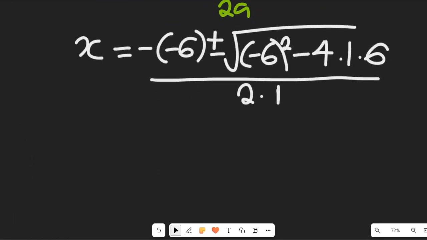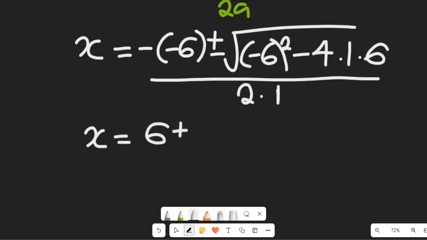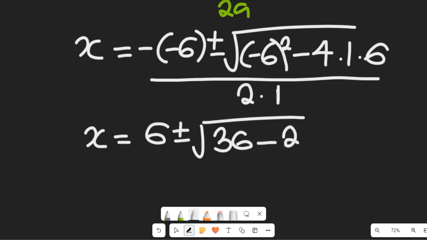So what do we have here? We're going to have x equal to 6 plus or minus the square root of negative 6 squared, which is 36, minus 4 times 6, which gives us 24, divided by 2.